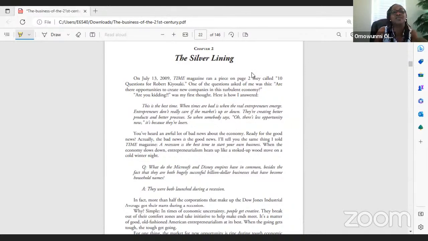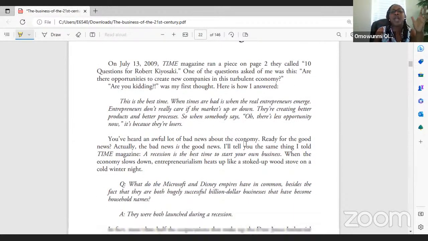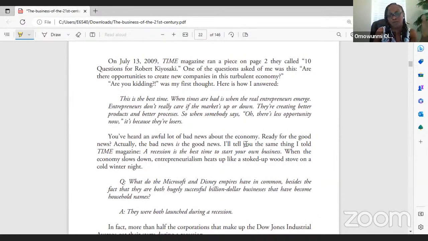This guy doesn't mince words at all. When I read this, I'm like, come on, be nice. It doesn't mince words. It's like those people, anyone that says there is no more opportunity is literally a loser, because it is the time of turbulence, times when things are challenging, that opportunities exist even more to create a business, to create products or processes that would help other people.